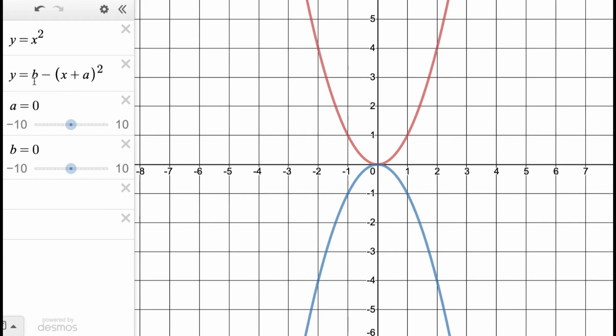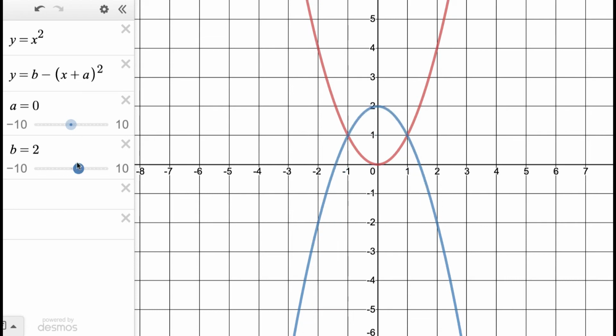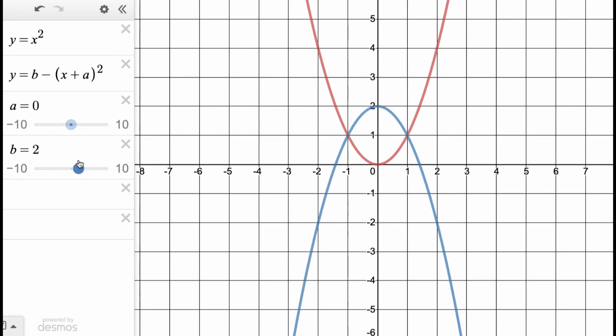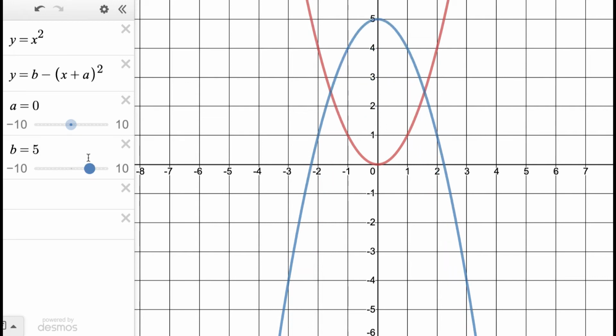This b term at the beginning, if we make this positive 1, the graph of y equals negative x squared has moved up 1. We've added 1 to all the heights of that blue graph, plus 2 at the front, 3, 4, 5 at the front.